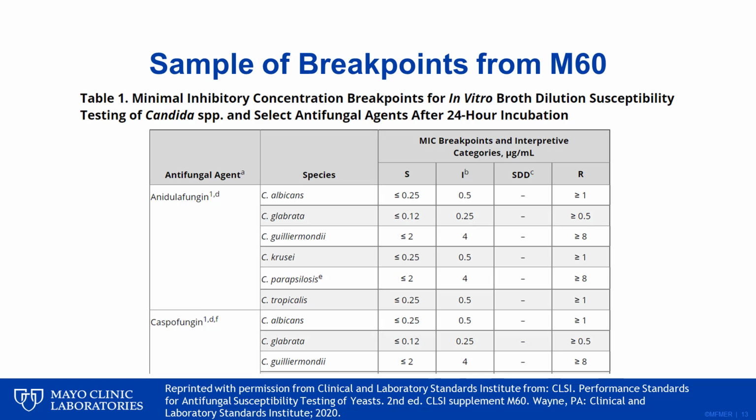For example, a Candida albicans with an MIC less than or equal to 0.25 micrograms per milliliter would be considered susceptible to anidulafungin, while a Candida glabrata with an MIC of 0.25 micrograms per milliliter would be considered as having intermediate susceptibility to anidulafungin. The MIC breakpoints for resistance also differ, with Candida albicans resistant to anidulafungin at an MIC greater than or equal to 1 microgram per milliliter, while Candida glabrata is considered resistant if the MIC is greater than or equal to 0.5 micrograms per milliliter.